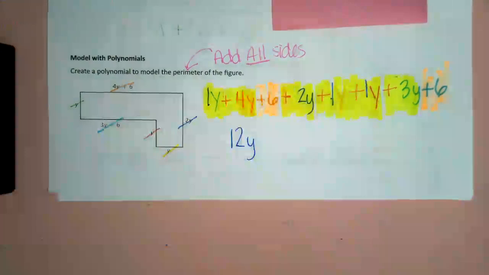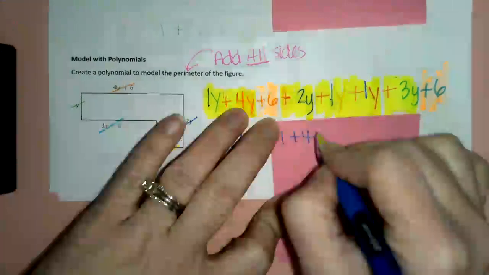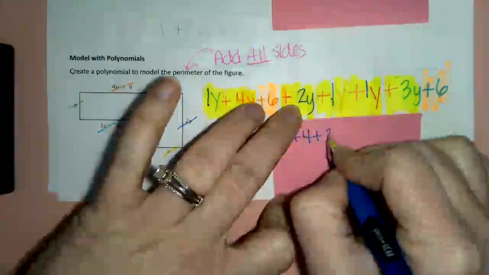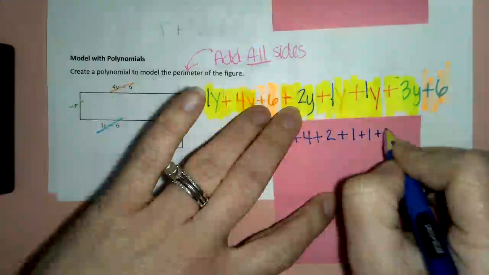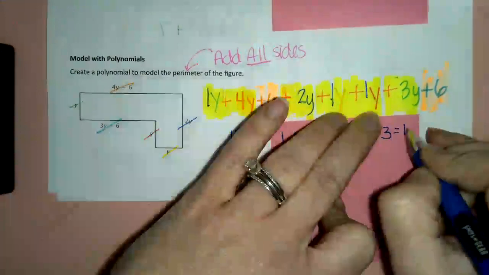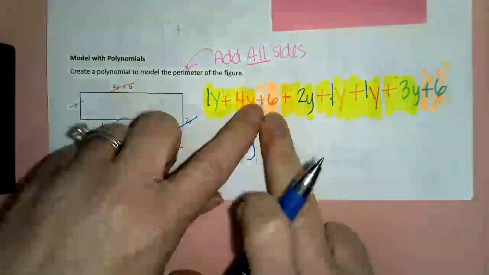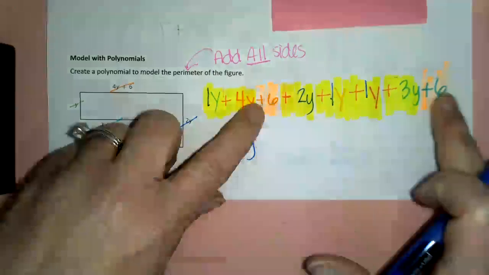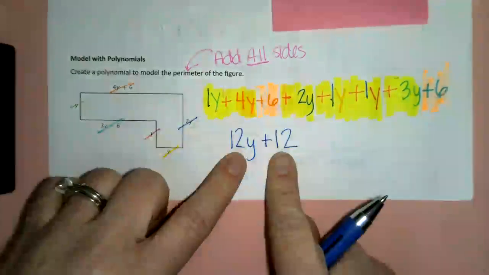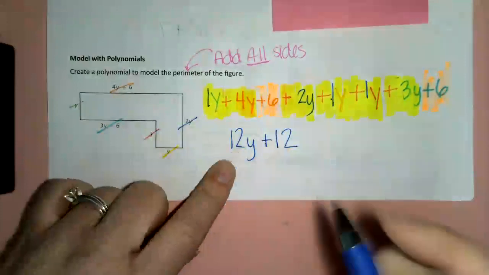Again, since you're not in class, you're on the video, that was 1 plus 4 plus 2 plus 1 plus 1 plus 3, and it will equal 12. Now, looking at my oranges, my constants, a positive 6 plus 6 is a positive 12. Can I put these together? Absolutely not. So this is my final answer.